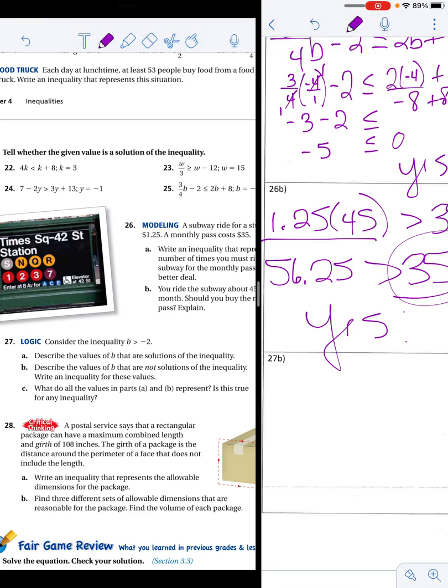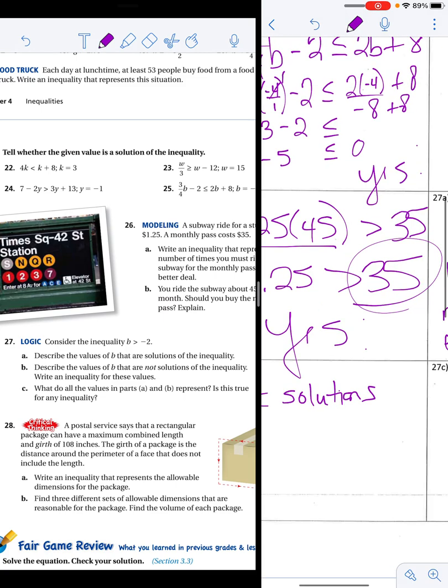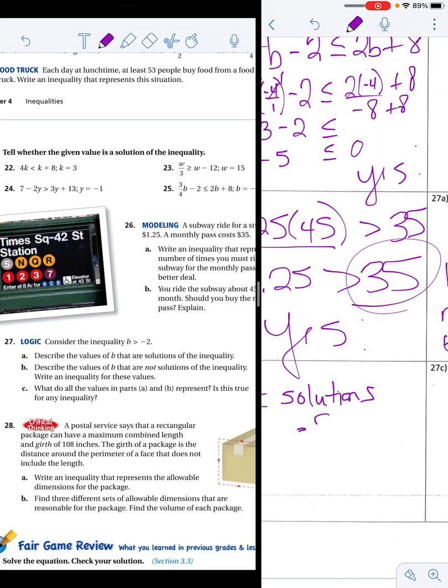27B says describe the values of B that are not solutions of the inequality. Write an inequality for these values. So not solutions, well, anything that is not greater than -2.